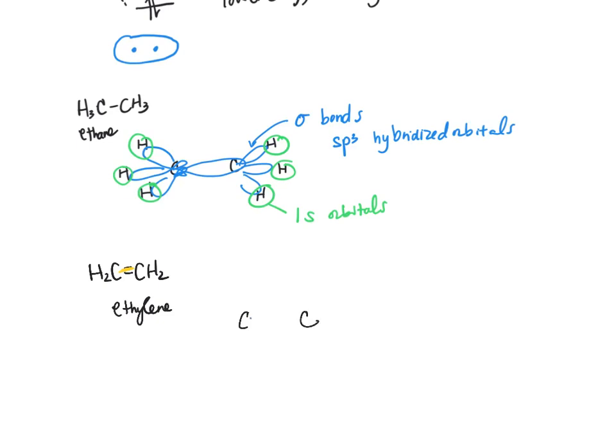So you still have your sigma bond framework, but instead of sp3 hybridized orbitals, we now have sp2 hybridized orbitals.